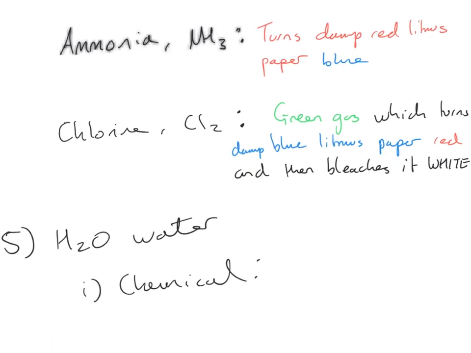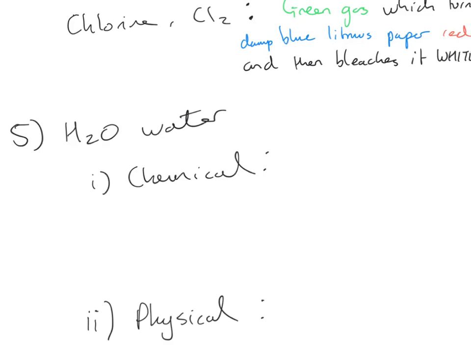The final thing is what we're doing is looking at water. In terms of testing for water, there are 2 types of ways of doing it. There's a chemical way of testing for it. So a chemical test would be using anhydrous copper sulfate. Remember, that's actually copper 2 sulfate.